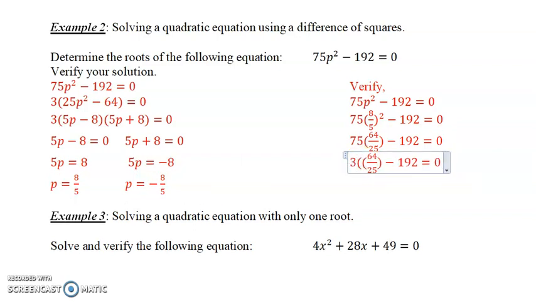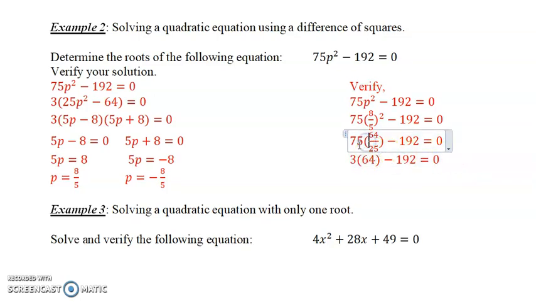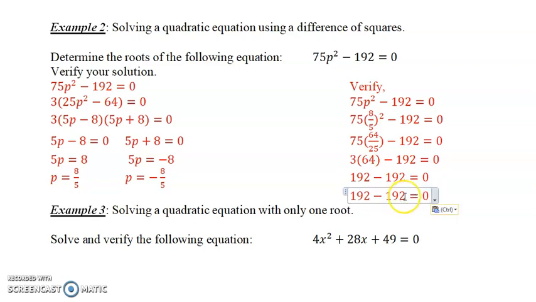In the front, 3 times 64, right? And then we end up with 192. Subtract 192. And 0 is equal to 0, obviously. So this just shows algebraically you did it correctly. Okay?